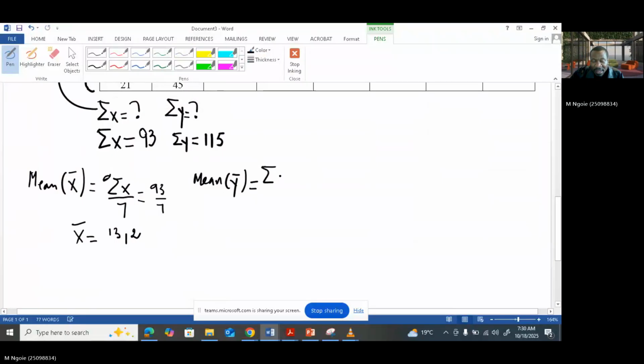It's sum of y divided by 7 also. So the average for Cape Town account is 115 divided by 7.